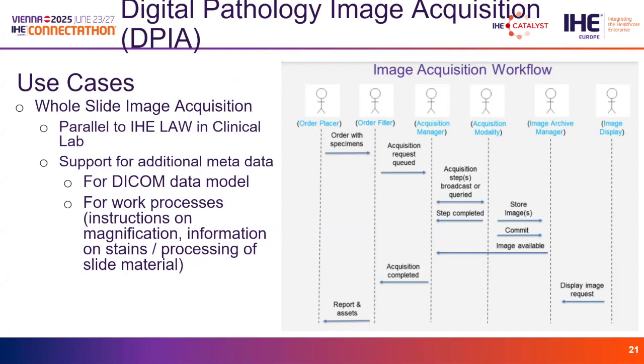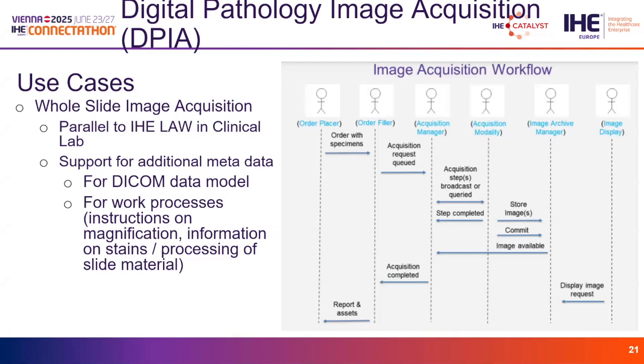So there's support for within the metadata and the DICOM data model, magnification, information on stains, information on the source of the tissue so that a pathologist can interpret what's on the slide using potentially the metadata that's communicated over from some other actor into the DICOM file.